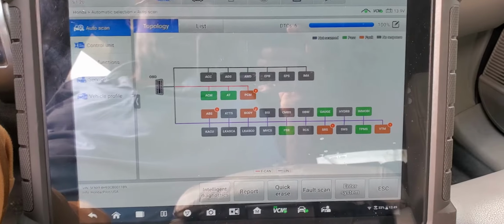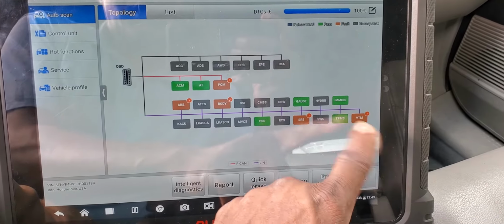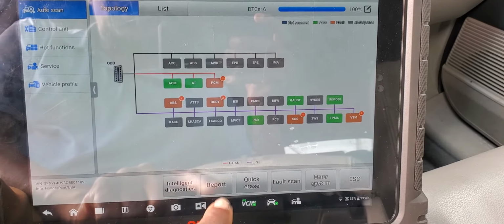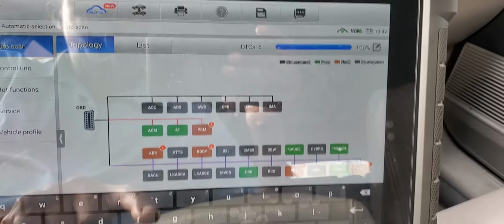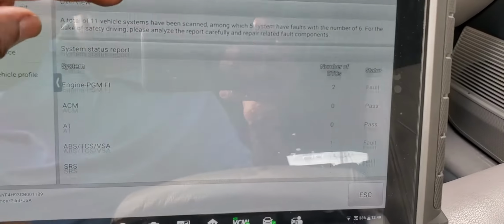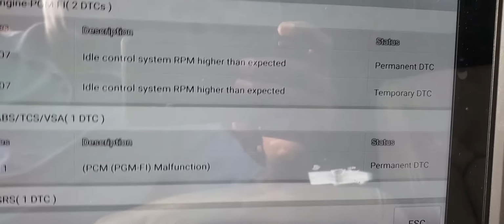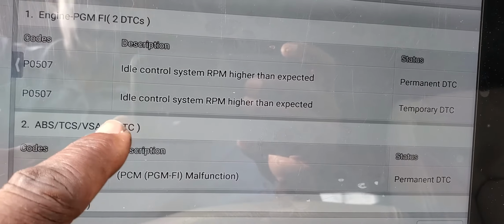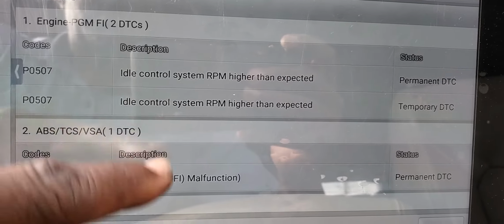Hold on, please. Now we have a couple of codes. If you want to know what the code is, go to the reports, but just look at it. You see, we have a couple of codes. The code says that the idle is very high, higher than expected, 2 times.